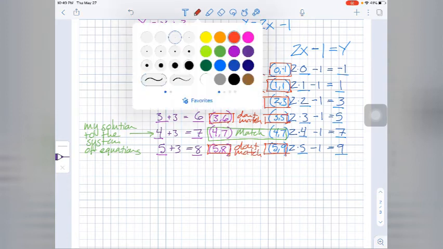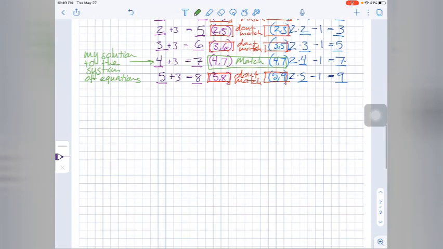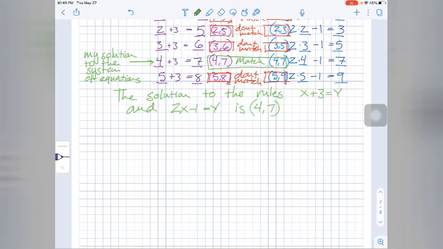So if I was to summarize that, I would say the solution to the rules, and remember, this isn't for all rules, this is for the two rules that we're talking about, just for the specific rules of x plus 3 equals y and 2x minus 1 equals y. The solution is 4 and 7.